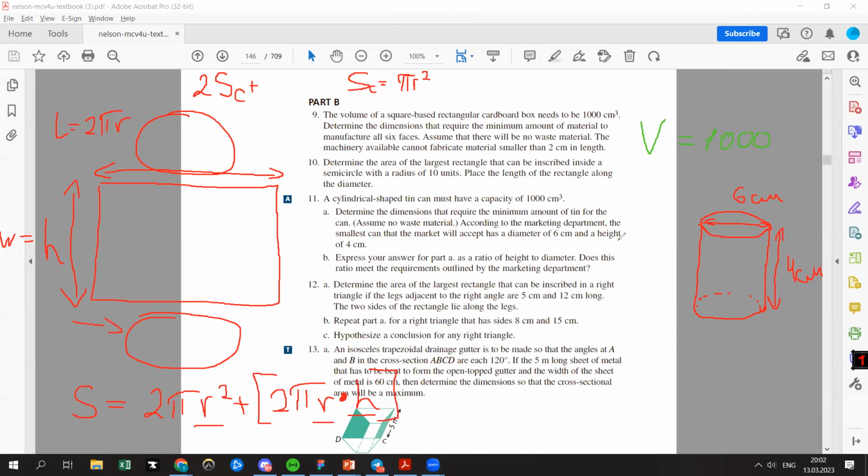Now we already have some dimensions that we can link together. What else do they ask us for? They ask us for the volume to be 1000. So now let's write down the formula for volume. How would we measure the volume of the cylinder?